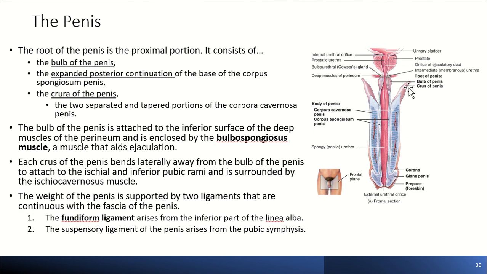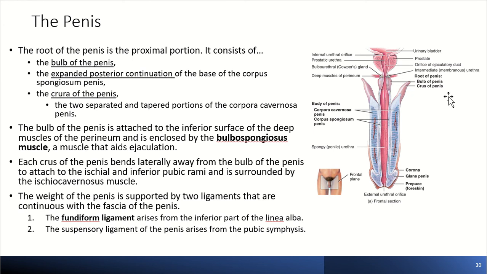The bulb of the penis is going to attach to the inferior surface of the deep muscle of the perineum, and is also going to be enclosed by the bulbospongiosus muscle. This is a muscle that's going to aid in ejaculation.